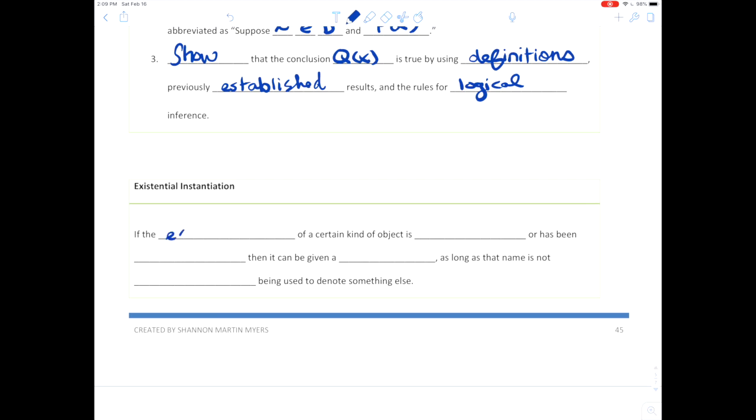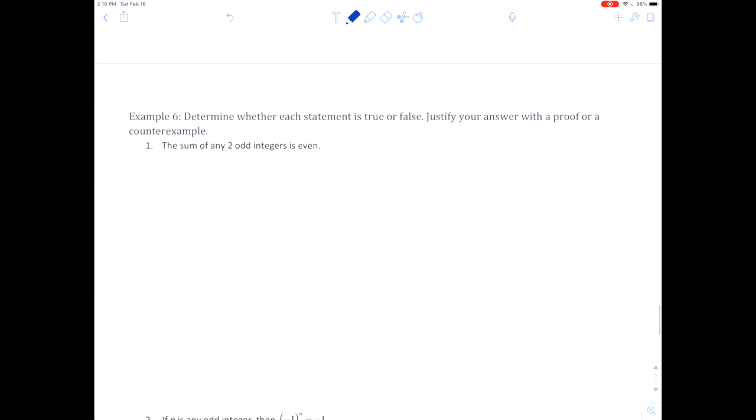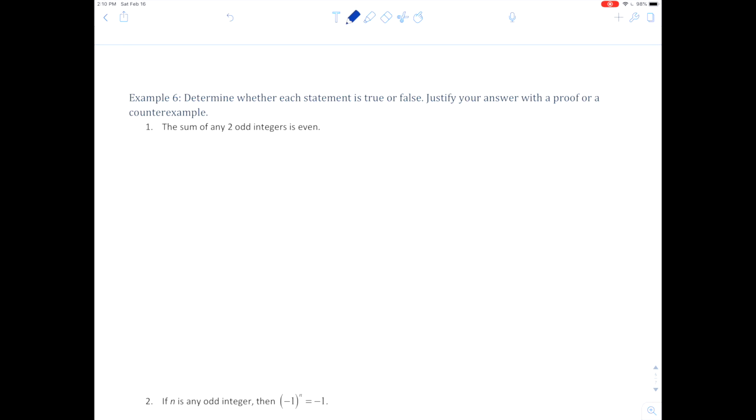If the existence of a certain kind of object is assumed or has been deduced, then it can be given a name. So you can name it a letter, as long as that name is not currently being used to denote something else. You don't want to name them the same thing if they are representing different quantities or different members of a set.